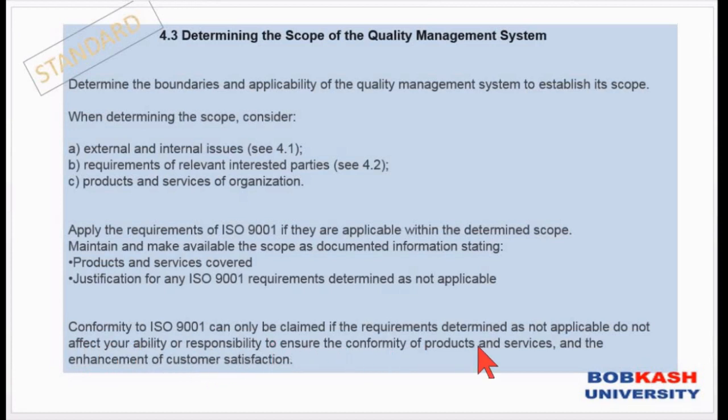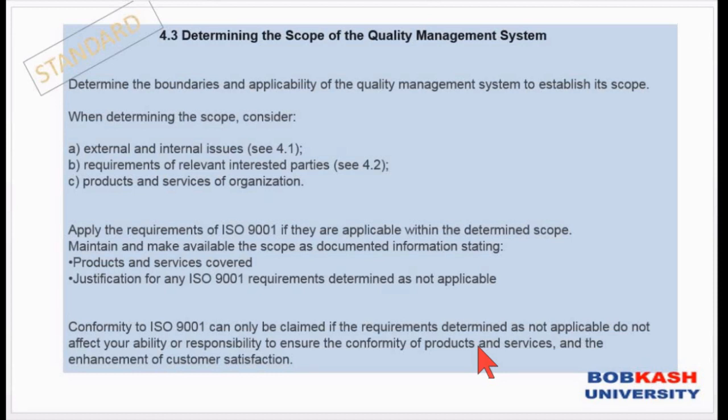That means if I remove 3 or 4 processes, I should not remove them just blindly. I have to give a justification that by removing these processes, my performance in terms of delivering a quality product or service to the client is not affected. Right? For example, you do not do design in your organization. You take the design from the client and produce accordingly.